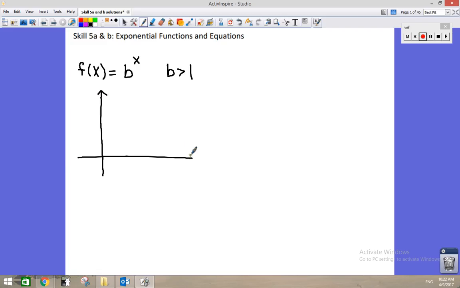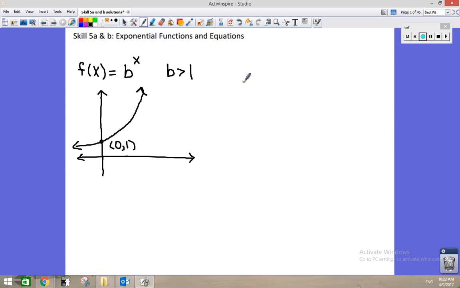All of these basic exponential functions, if there's been no transformation on them, will pass through the point 0, 1. And they increase pretty quickly, but they're going through the point 0, 1.